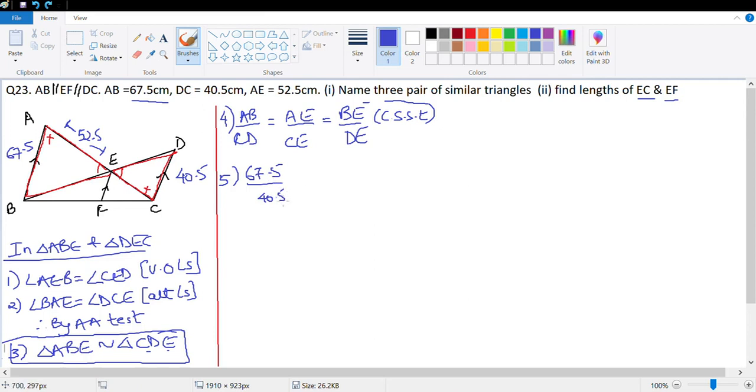So let me just write it without the decimal directly. So it will be 675 upon 405 equal to AE, which is 52.5, upon CE, which we need to find, which means CE is equal to 52.5 into 405 upon 675.